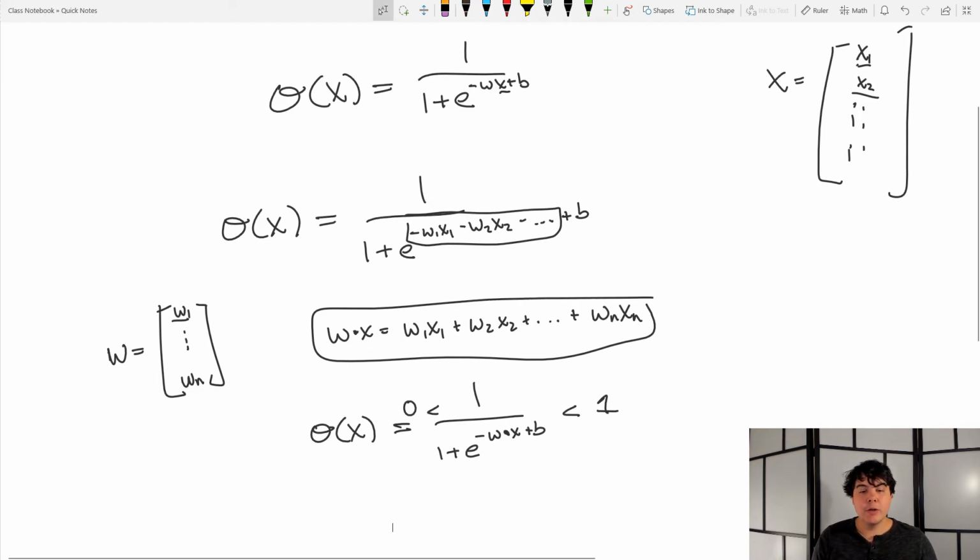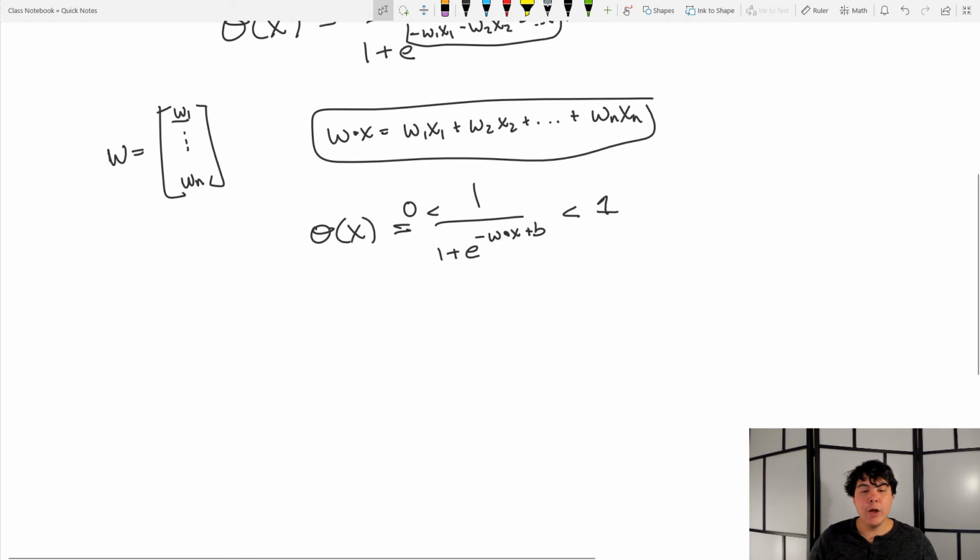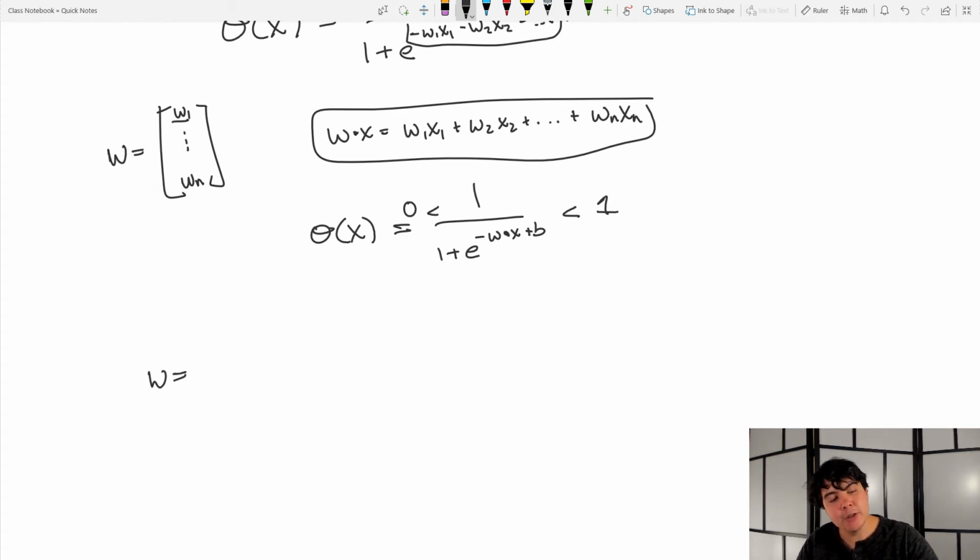Now, the next thing that we might want is, well, a neuron takes in multiple values. Can we create a neuron that takes in multiple values but also spits out multiple values? The way we do this is through a matrix multiplication. So now let's say that this w is w11, w12, it's a whole grid of values, wn1, dot dot dot.